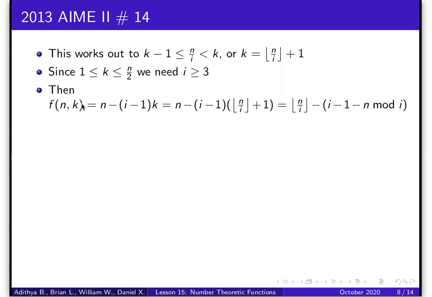The remainder is, we have to subtract out i minus 1 copies of k because ik is going to be too big. Then we expand and we get this. Essentially it's floor of n over i minus some small error term that's at most i minus 1.